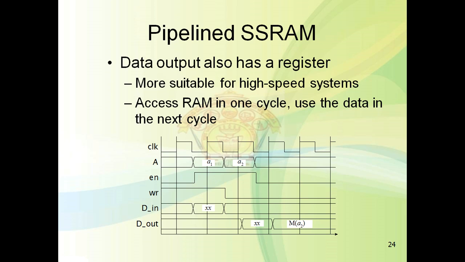This is another type of SRAM, synchronous static RAM. It has an input register as well as an output register. It is useful for higher speed systems where the access time of the memory is a significant proportion of the clock cycle time.